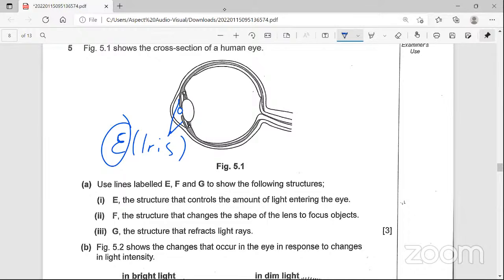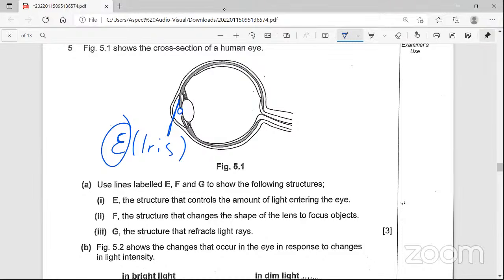You mustn't join the line. It's not allowed. Okay, so we draw with one line. So you just draw one line to your E.